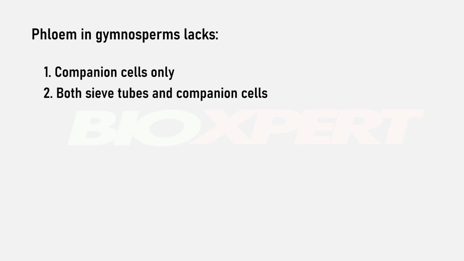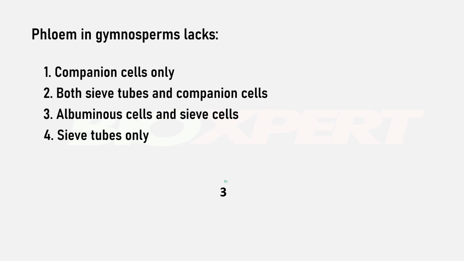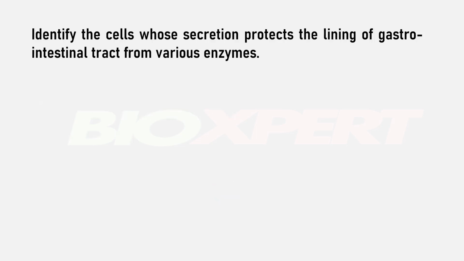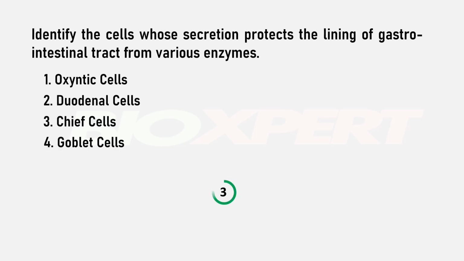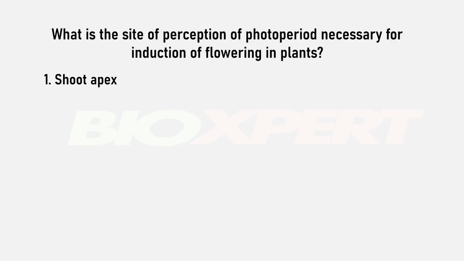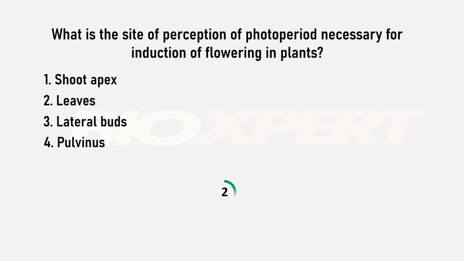Phloem in gymnosperms lacks both sieve tubes and companion cells. Identify the cells whose secretion protects the lining of gastrointestinal tract from various enzymes? Goblet cells. What is the site of perception of photoperiod necessary for induction of flowering in plants?